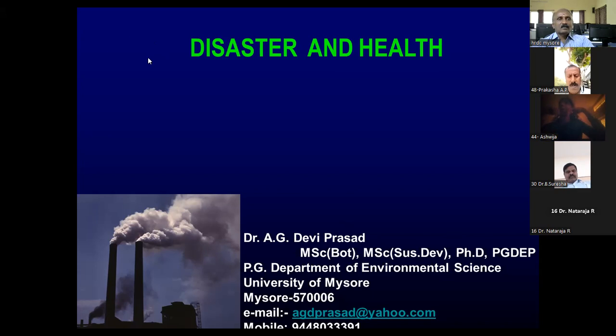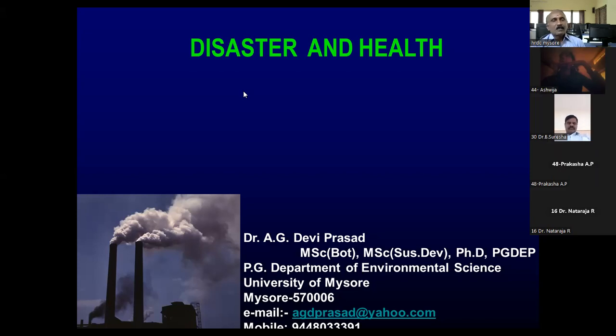Both natural and man-made disasters may affect the health of individuals. It is not only the health of human beings, it is even the health of plants and even the microbes. So very briefly, now we shall discuss what exactly these disaster and health aspects are.